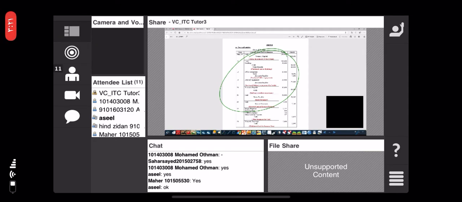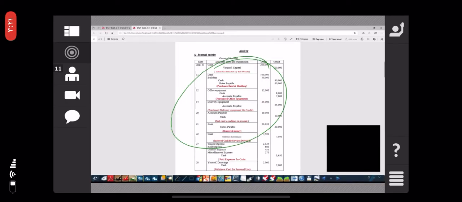I analyze here just to help you understand the transactions in order to prepare the journal entry. But when he asks you to prepare a journal entry, you just go to the general journal and prepare the journal entry without the explanation, without the analysis which I do. Okay?